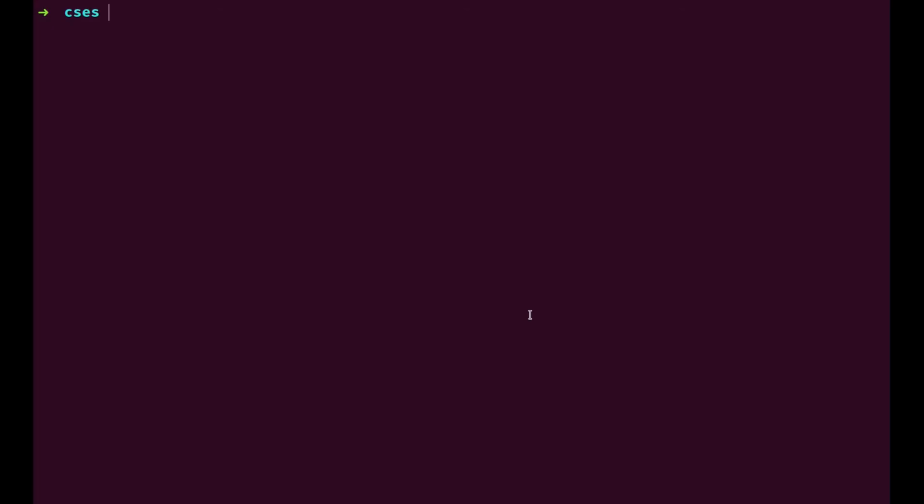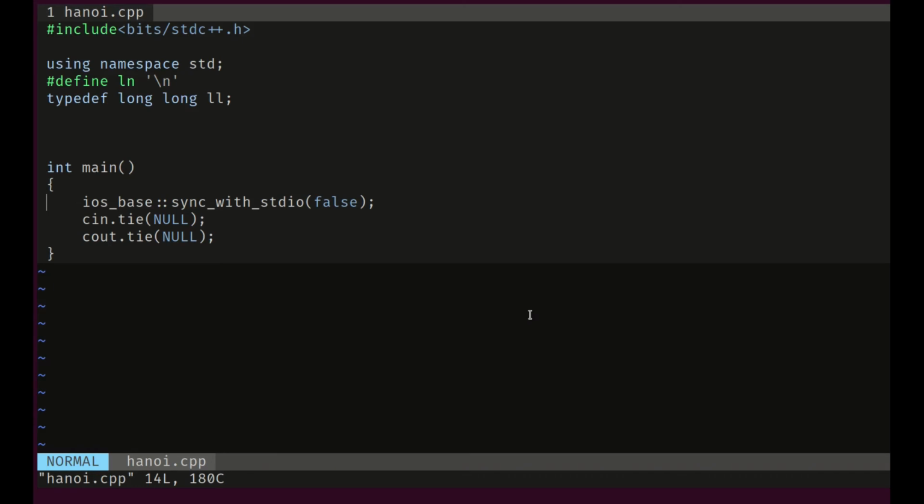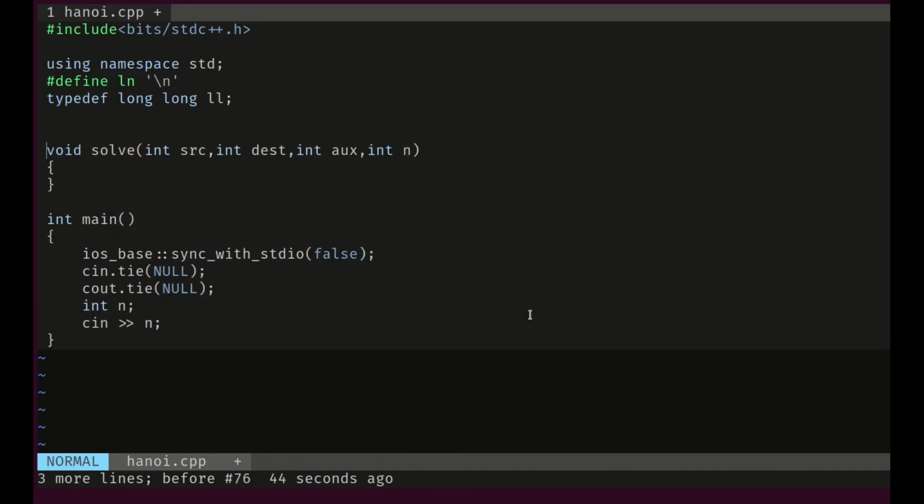Okay, so let's present the solution to this problem. Let's open our file. We'll start by reading the input, and then we will implement our recursive function. It will have the following signature. It has 4 parameters. These are our 3 stacks, and this is the number of disks that are placed on the source stack.